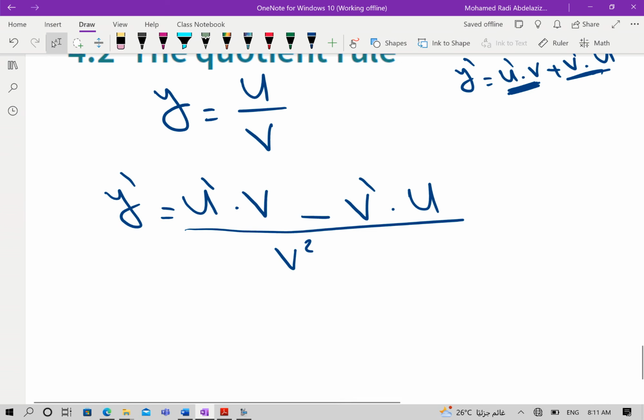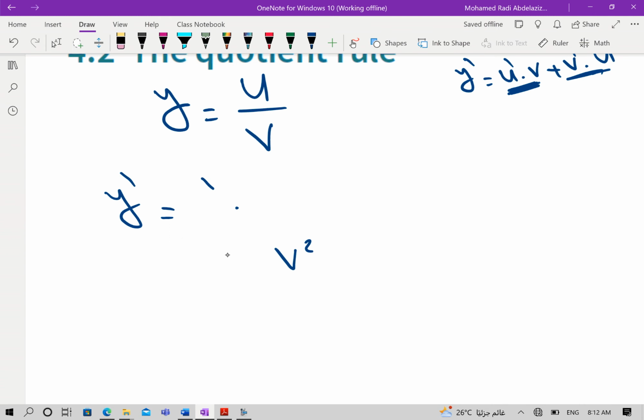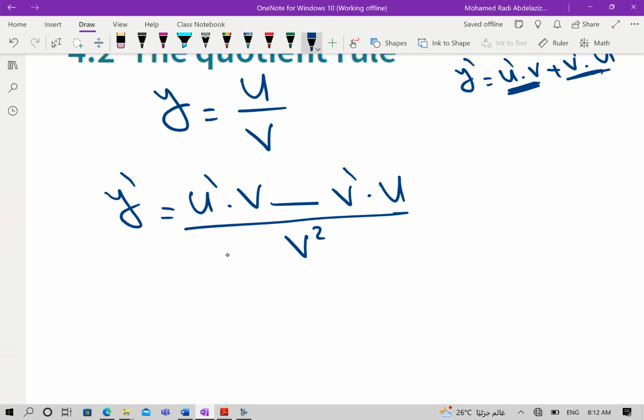But when we have division, because we have a negative sign, we cannot write v dash times u first. But we can switch v u dash, and u v dash comes after. I will recognize it as differentiation of first, where first means the numerator. Second is the denominator. Differentiation of first multiplied by second minus differentiation of second multiplied by first, then divided by v squared.